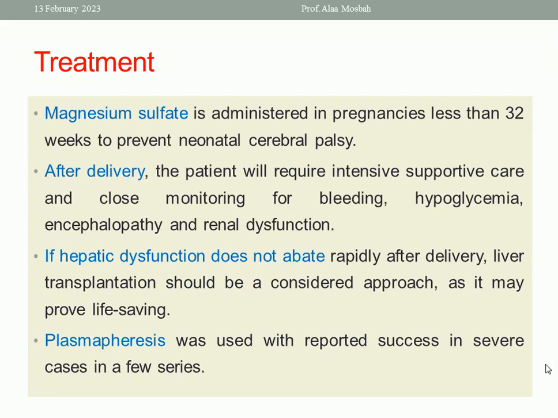Plasmapheresis reported success in these severe cases in a few series. However, if hepatic dysfunction doesn't abate rapidly after delivery, liver transplantation should be considered as it may prove life-saving.